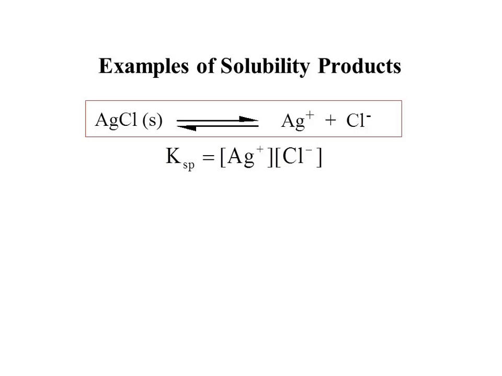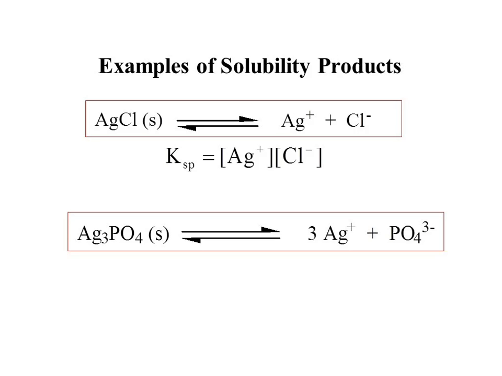Another one, Ag3PO4, so that's silver phosphate. Notice that when it ionizes, that's its dissolving process, when it goes from a solid into its ions, cations and anions, we have 3 silvers and 1 phosphate. So don't be fooled.